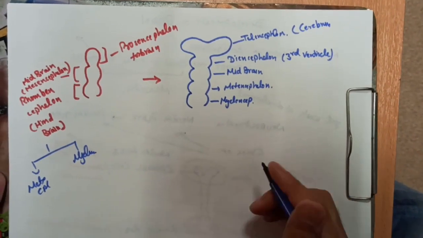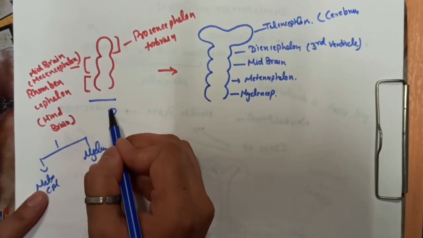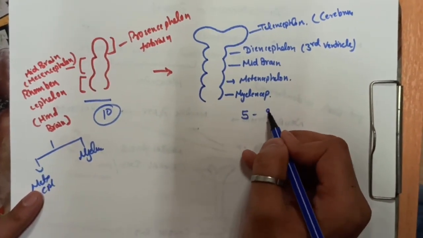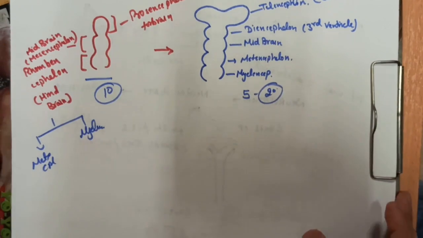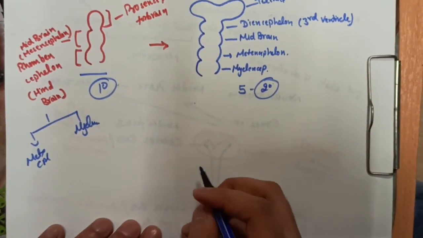So first of all there will be the formation of 3 primary brain vesicles, then there will be 5 secondary brain vesicles. Now I'll show you finally how the brain will take its shape.